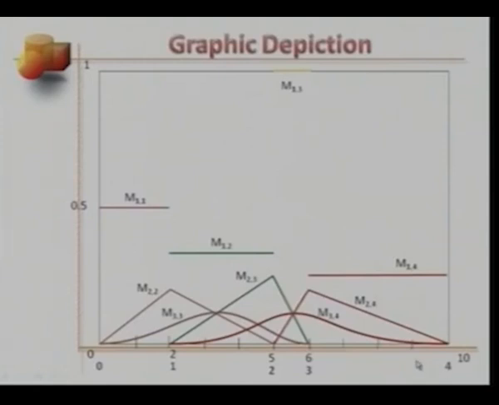And finally, one would combine M33 and M34 together to have order 4 basis spline, which is this bold red curve here.